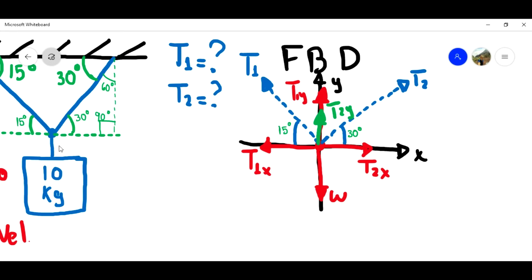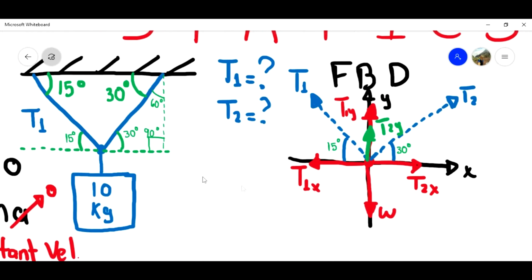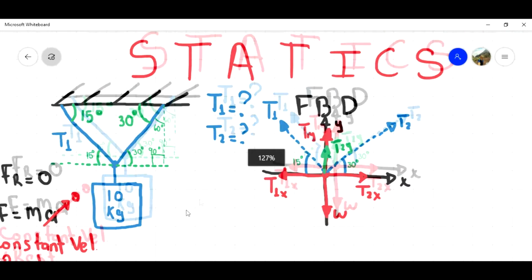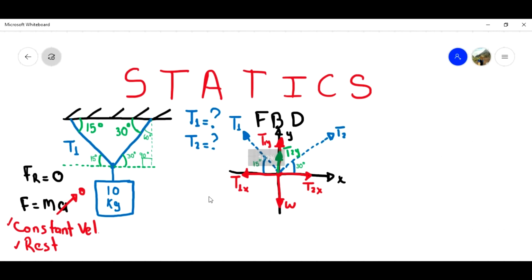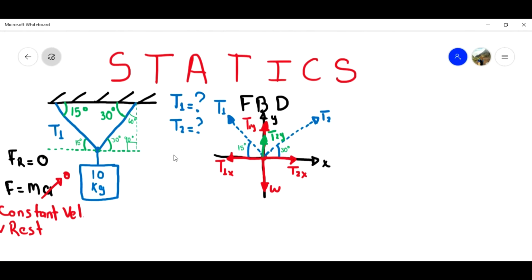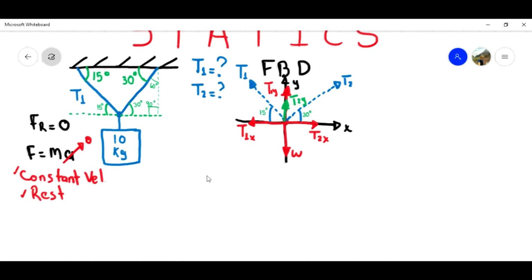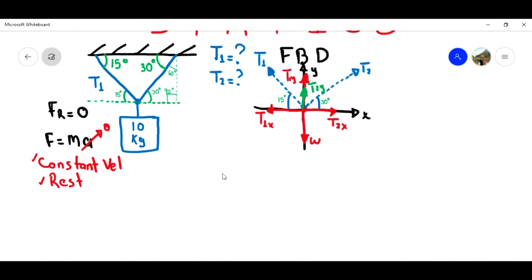In this case, the block is not in touch with any surface. So in this particular example about statics, we are not going to have a normal force.